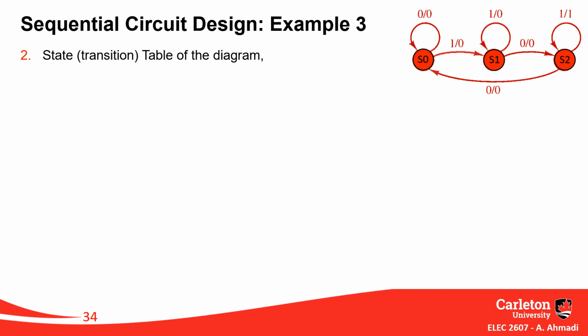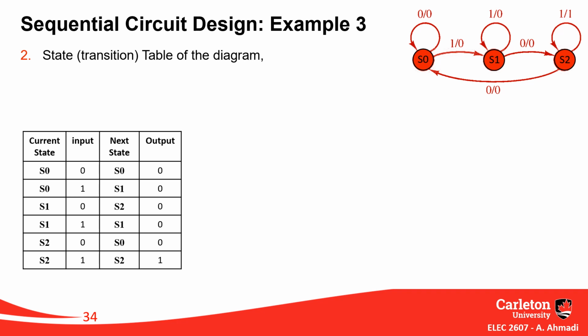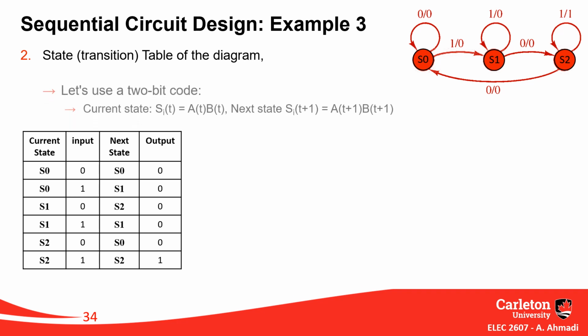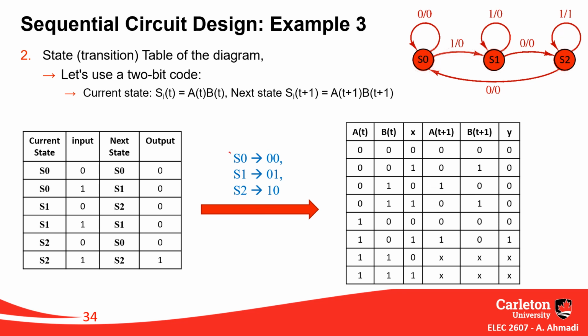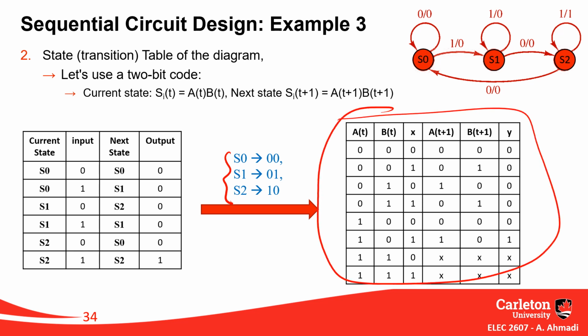Okay, so state transition. Based on coding, as we had, well, we pick this coding, the basic one, as we use. We make the table like previous examples. You have transition from current state to next state and input.